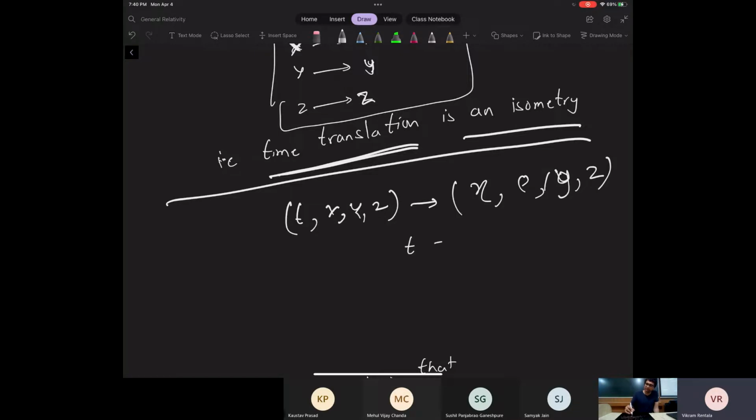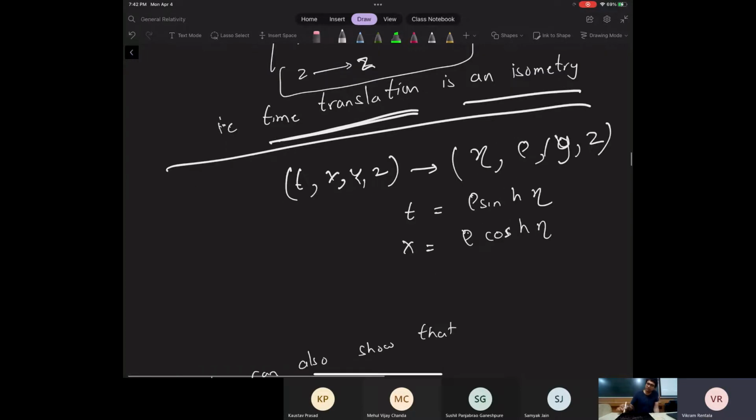I hope you recall this: t is equal to rho sinh eta, and x is equal to rho cosh eta. Sorry, I think it's wrong. T is equal to rho sin theta, x is equal to rho cos theta. So this is the dictionary that relates them.